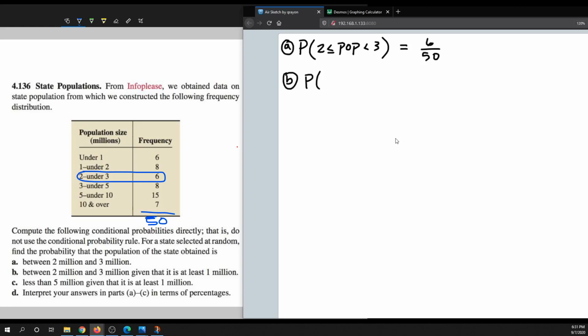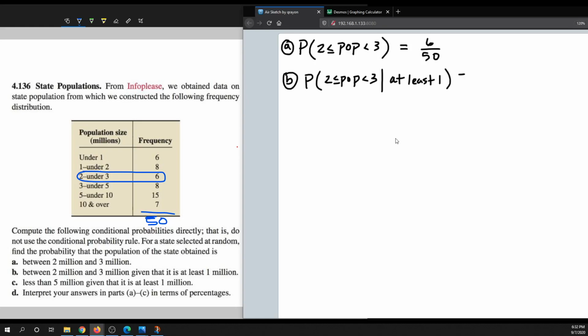All right. Part B, they want to know, what is the probability that a randomly selected state has a population between 2 and 3 million, given that it is at least 1 million? Okay?